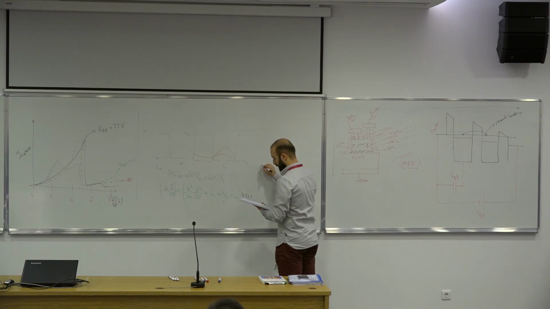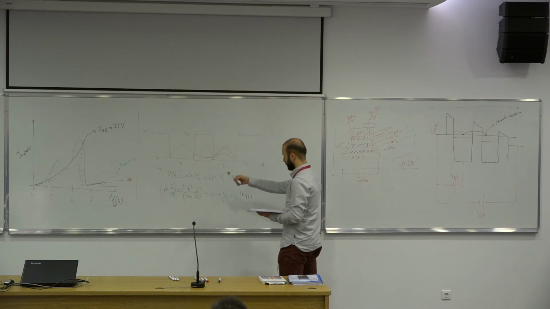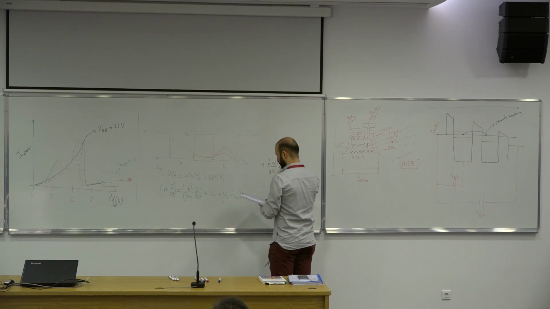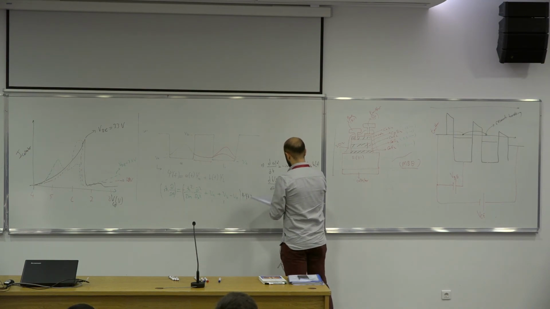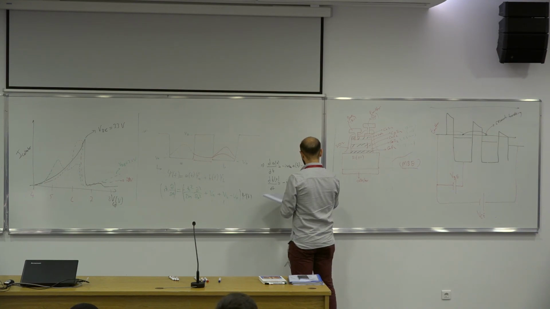So if I plug in this expression to this Hamiltonian, to the Schrödinger equation, what I'll get is dA/dt equals minus i omega A a(t) minus i kappa AB b(t), and then db(t)/dt equals minus i omega B b(t) minus i kappa BA a(t).